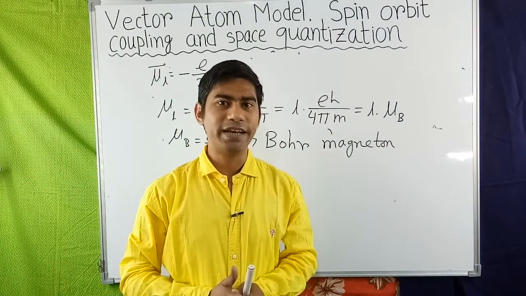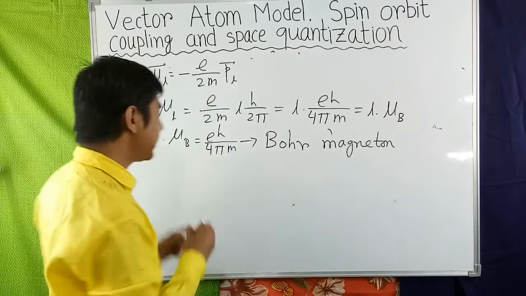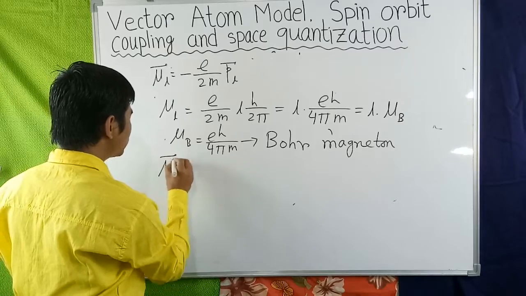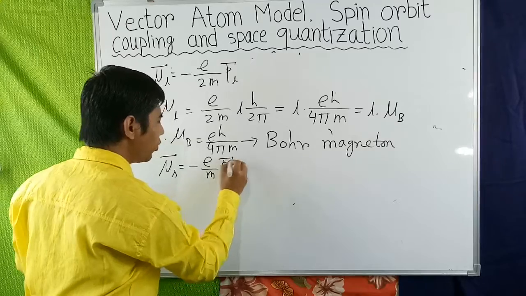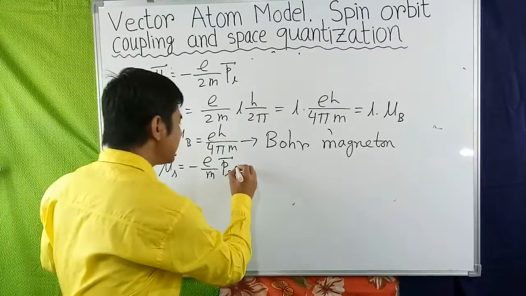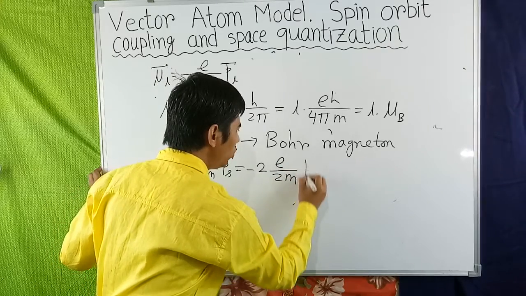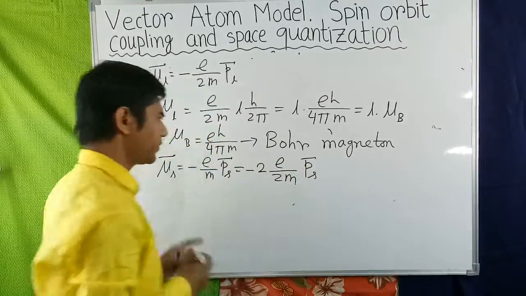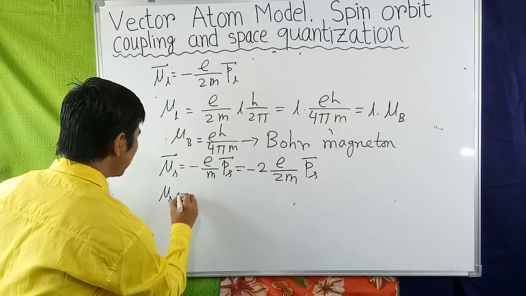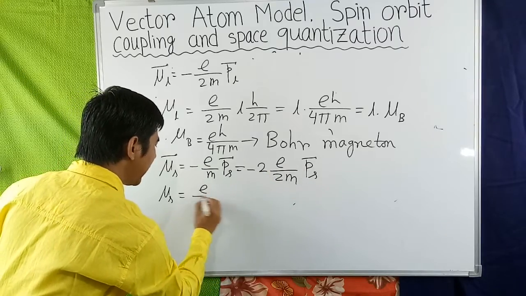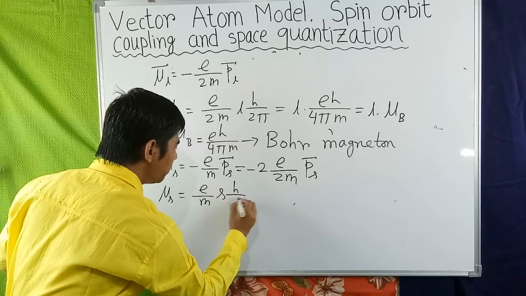Due to spin motion, an electron has a spin magnetic dipole moment mu s vector equals minus e by m into ps vector. This can be written as minus 2 into e by 2m into ps vector. Its magnitude is mu s equals e by m into ps, and the value of ps is s into h by 2 pi.